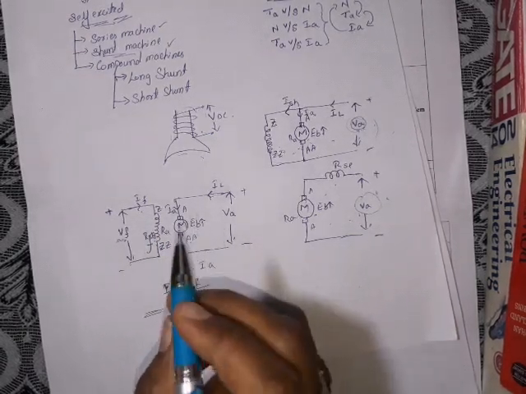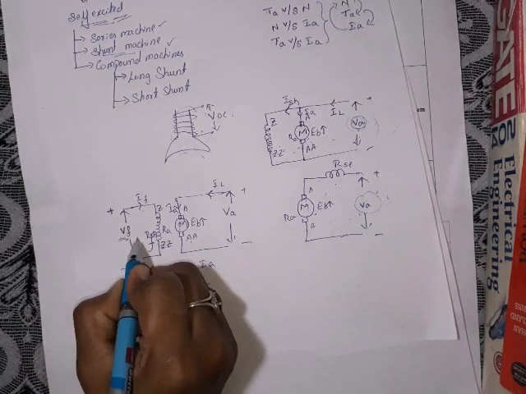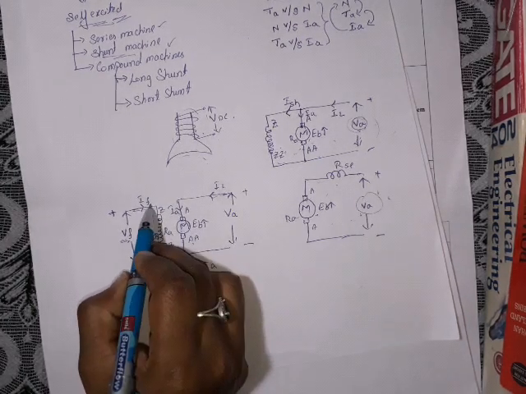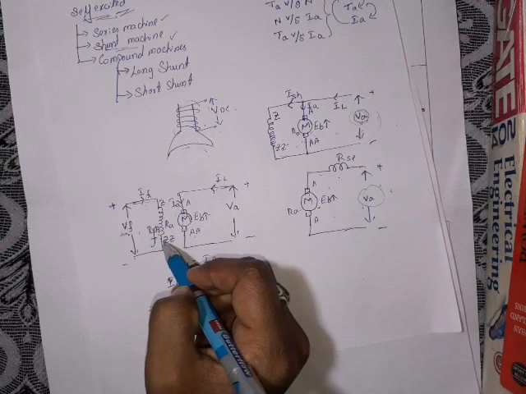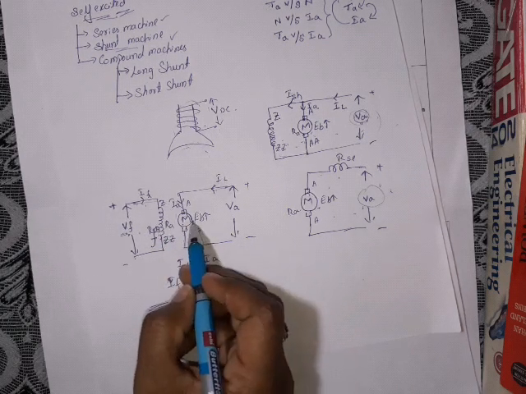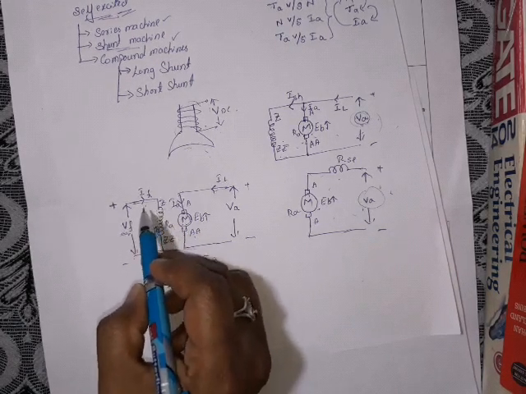we need to know whether the phi is constant or not. We have applied the voltage and this is going to draw some current IF, and we are not changing anything inside this. We are applying load on the motor, but we are not disturbing anything in the field winding.